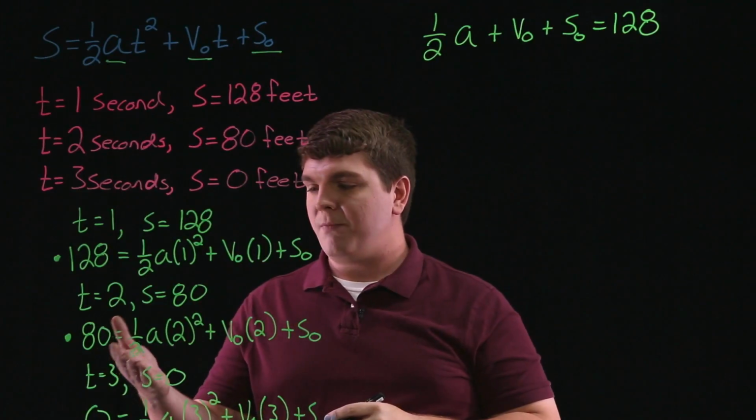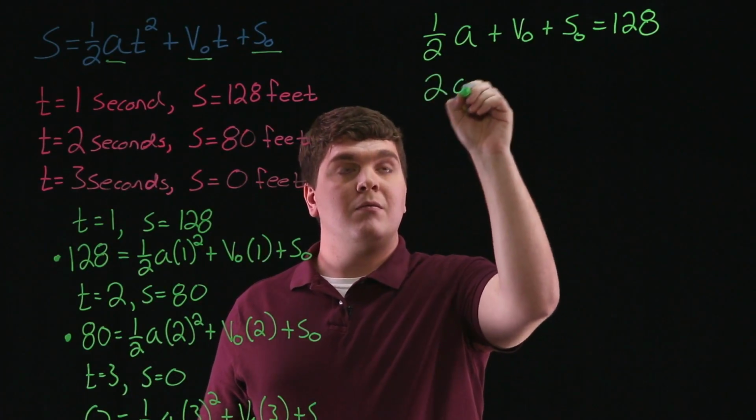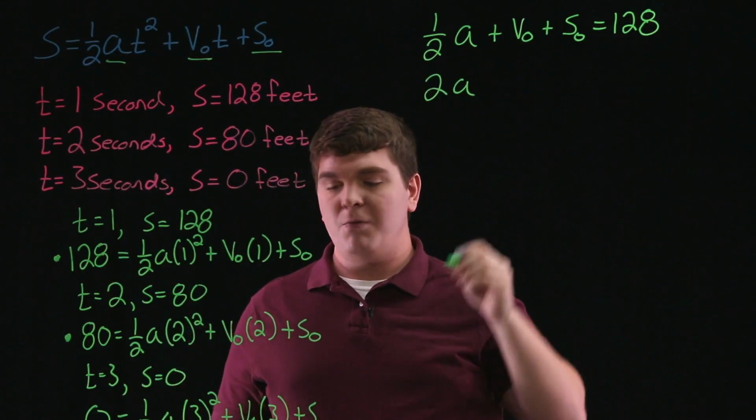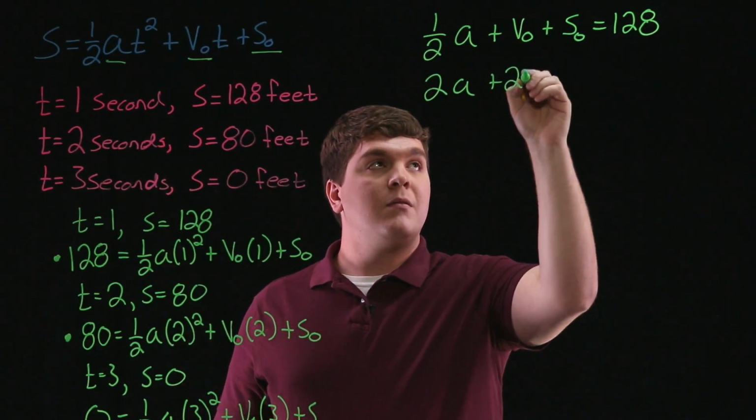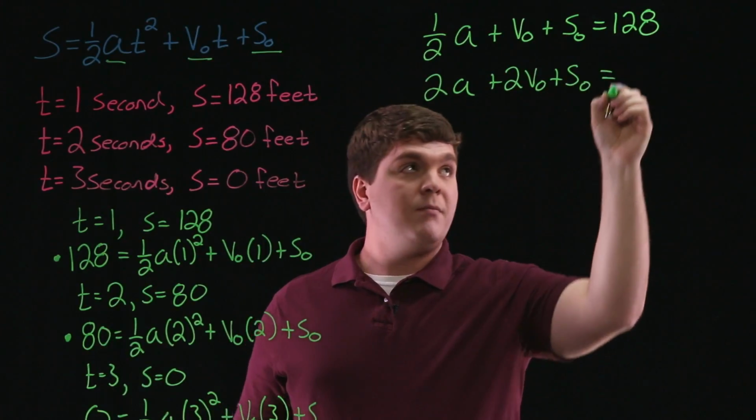Our second equation we can write as 2 times a plus 2v naught plus s naught equals 80.